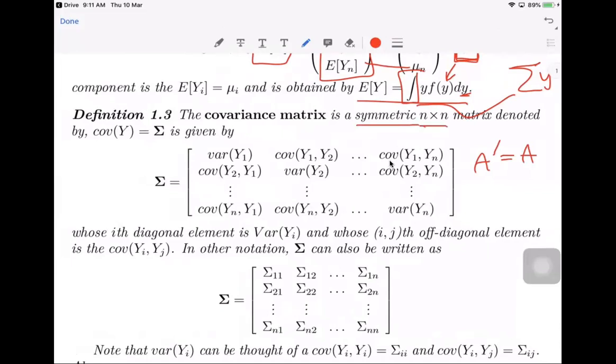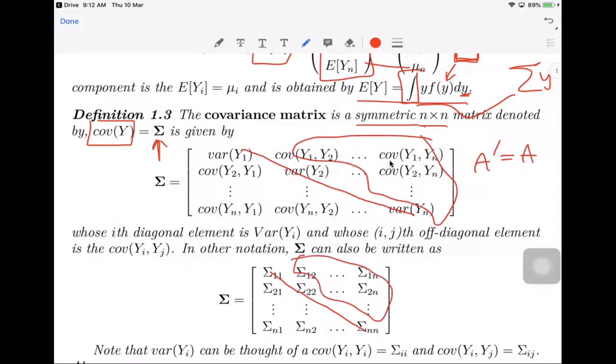Usually the covariance matrix is denoted by cov of y or by the capital sigma notation, wherein the diagonal entries are the variances of y, and the off-diagonal entries are the covariances.